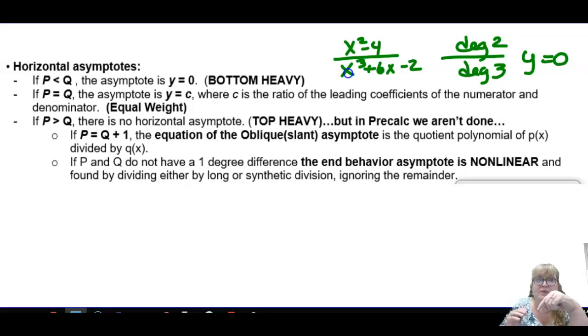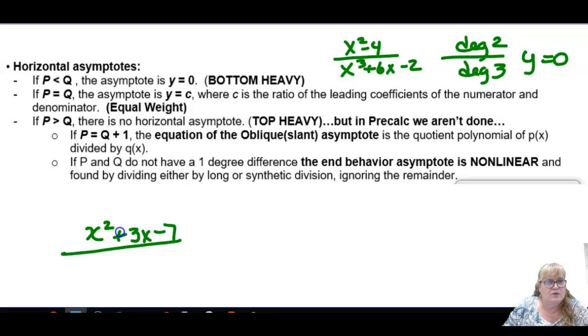When the bottom is a lot bigger than the top, the value of the fraction gets very tiny. All right. When the functions have equal weight, so we have a degree 2 over a degree 2, okay?